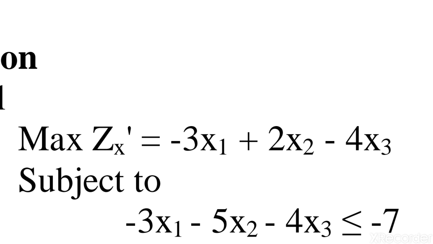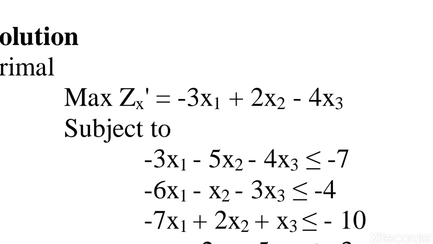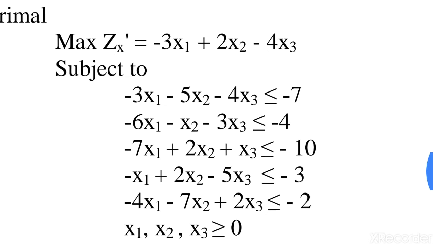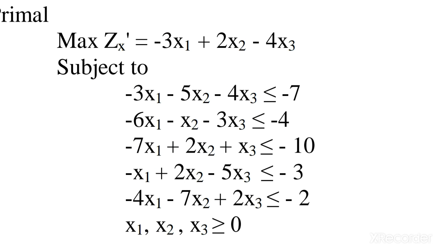Now you have to check whether all the conditions are in the canonical form or not. In the last video I told you that for the solution to be in canonical form, if the objective function is maximization, then all the constraints should be less than or equal to.